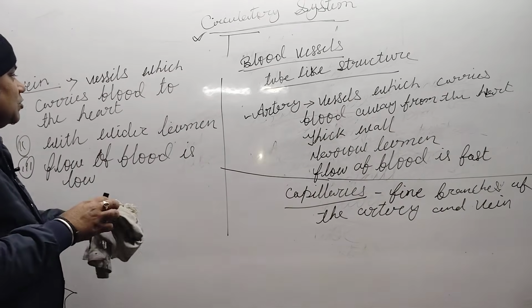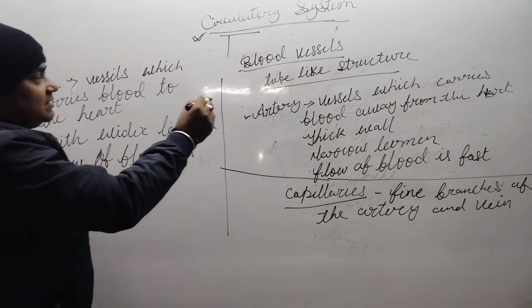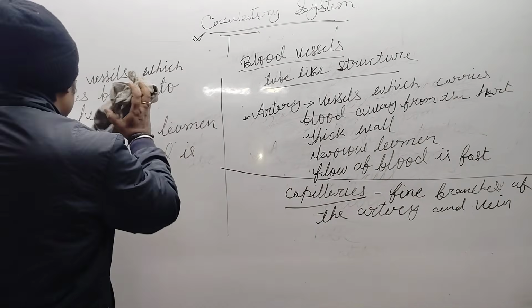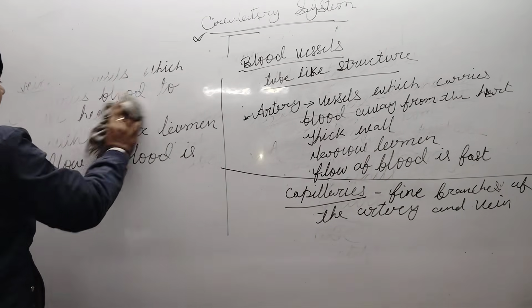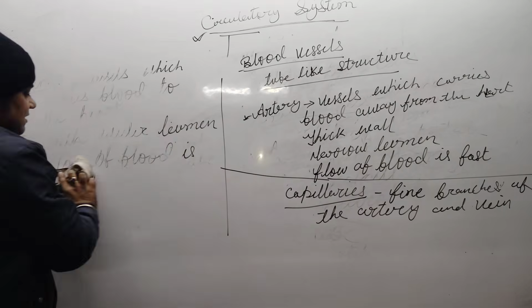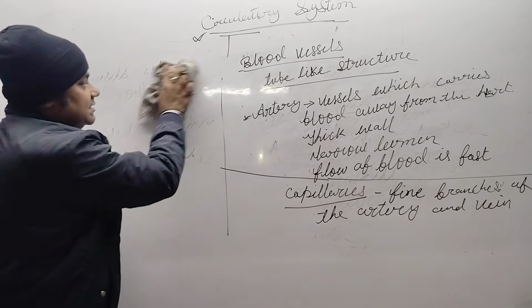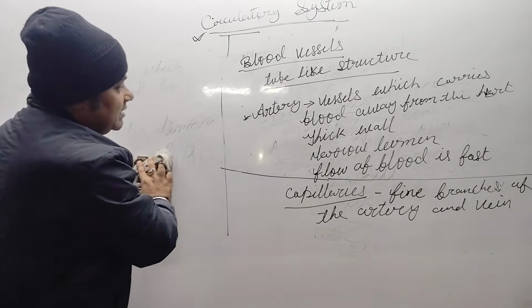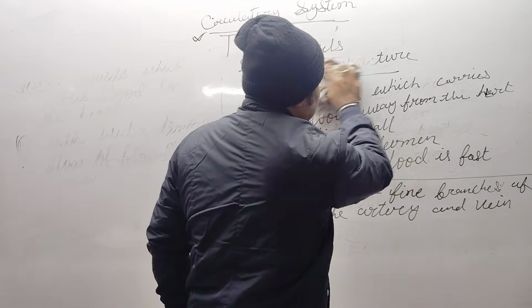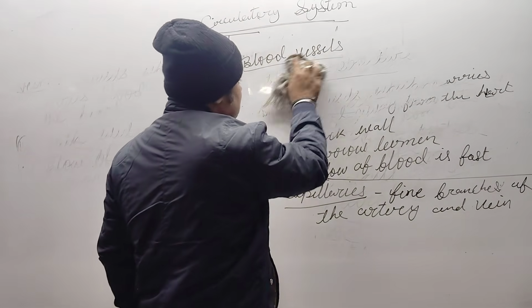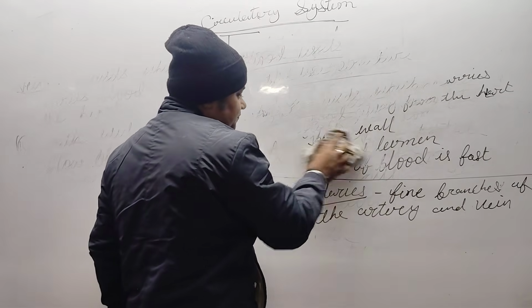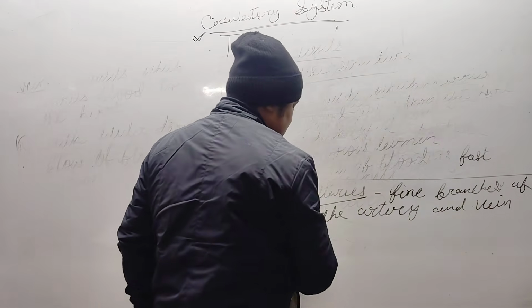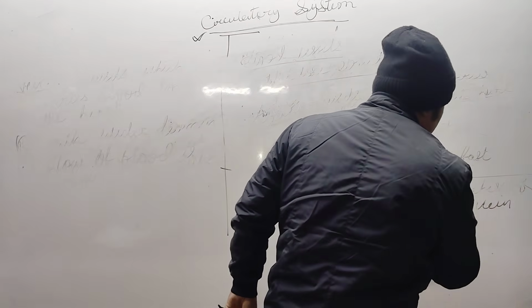Now, what is the difference between the vein and the arteries? Let's try to understand that. Arteries are the vessels which carry blood away from the heart.